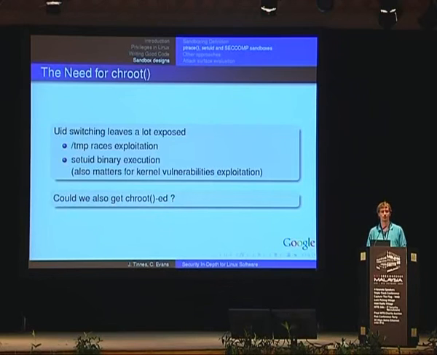And also, it really matters for kernel vulnerability exploitation, because pretty often, when you have a kernel vulnerability, say a vulnerability in ptrace, you will actually exploit it by running SetUID binaries. And there are quite a lot of Linux kernel vulnerabilities that you could not even exploit if you had no access to SetUID binaries. So could we find a way to also get chrooted? That would be great.